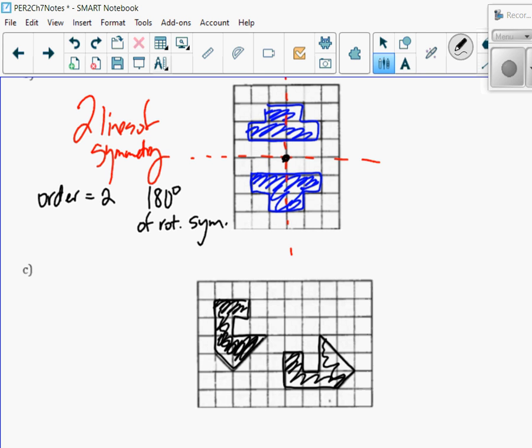So on first inspection, you can see there's no lines of symmetry or anything like that. So then you might think, oh, there's rotational. But the problem is if I rotate this, the first object would have to rotate into the second object, and the second object would have to rotate into the first object, and that never happens. So there is no symmetry.